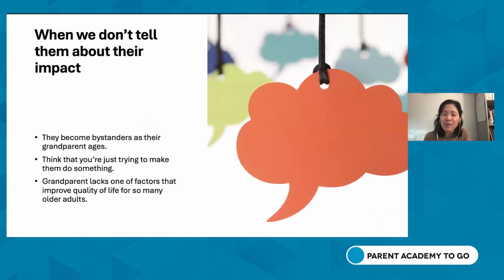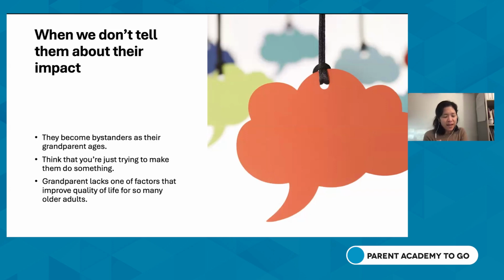All right, so what happens when we don't tell our kids, when we don't tell students that they have an impact, that they can bless their grandparents? Well, one, as your parent ages, what happens is they often become a bystander. I hear a lot of grandchildren, and especially in my 20s, I would hear my friends be really sad that their grandmother was getting older and things were harder for her, or him, but they didn't know what to do.